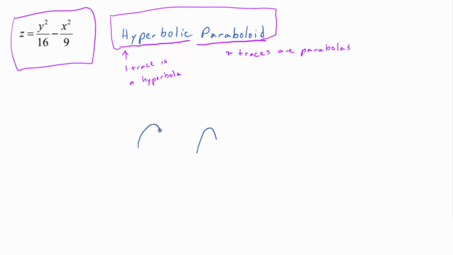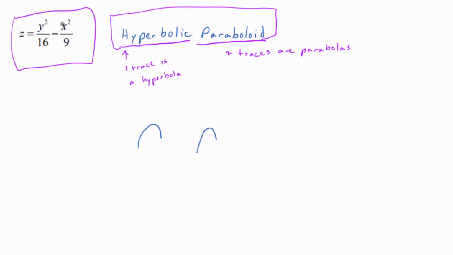The way I like to draw this is I'm going to start with 2 of the same kind of trace. There's going to be 2 parabolas that open downward, right? Parallel with the xz plane, we get parabolas that open down. So those are 2 copies of parabolas that open down. And then there's going to be a parabola that opens up.